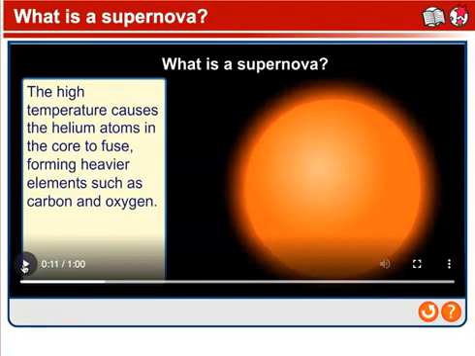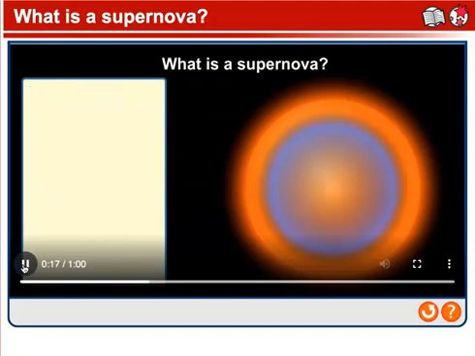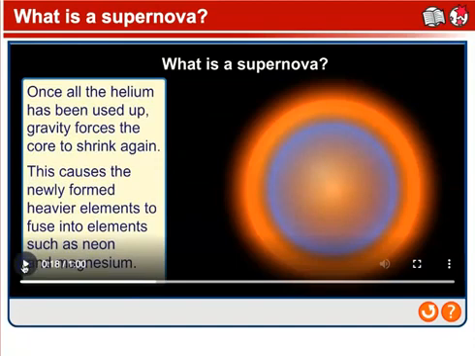The high temperature causes the helium atoms in the core to fuse, forming heavier elements such as carbon and oxygen. Once all the helium has been used up, gravity forces the core to shrink again. This causes the newly formed heavier elements to fuse into elements such as neon and magnesium.